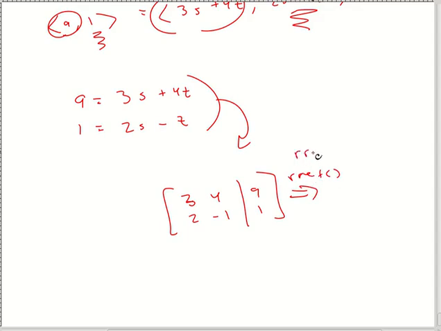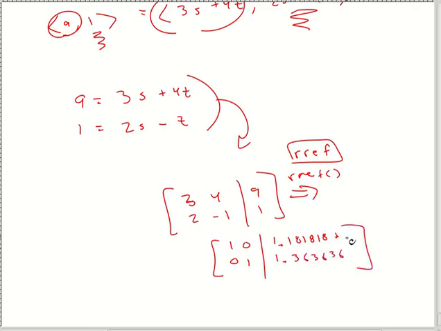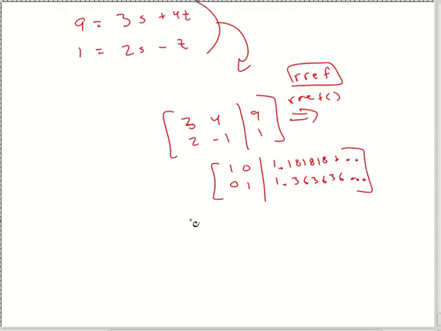Again, RREF if you remember that. And so I did that. I'm gonna show you what I got. 1001, which is good. I got 1.181818. Here I got 1.363636. Okay, and they go on forever, obviously. You could, on your calculator, if it's like the TI, you can do math to frac.